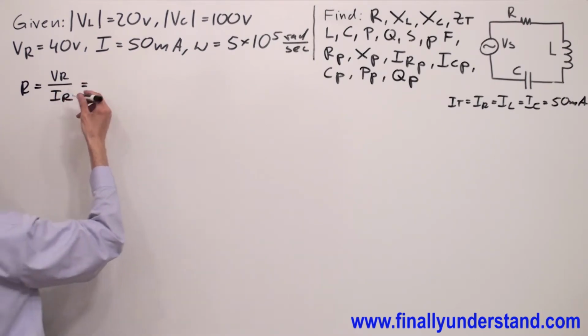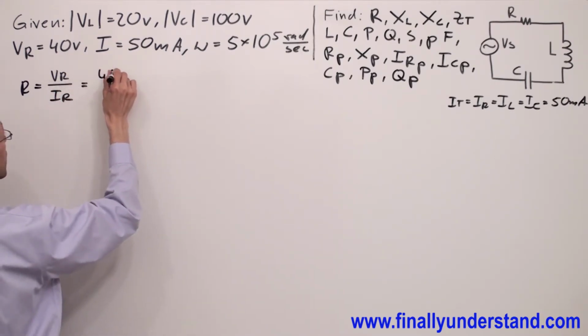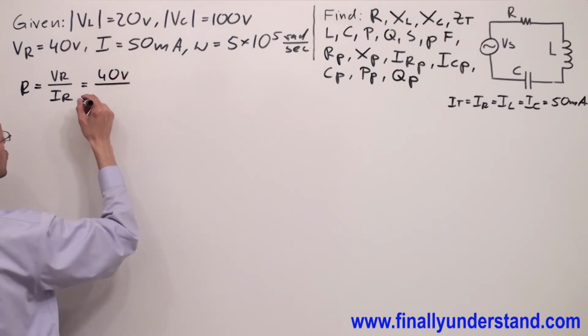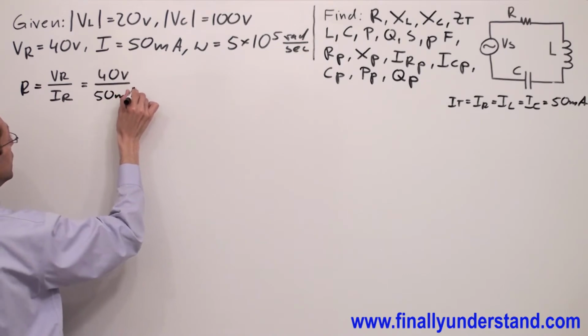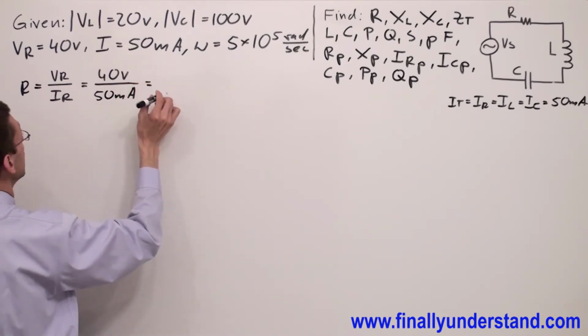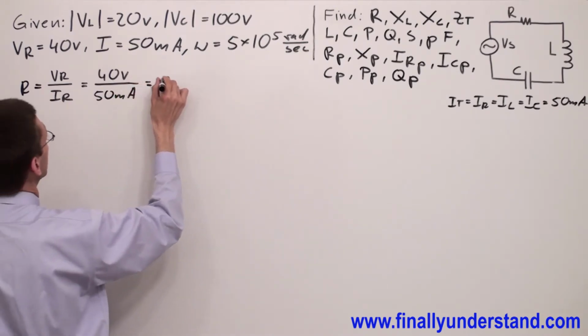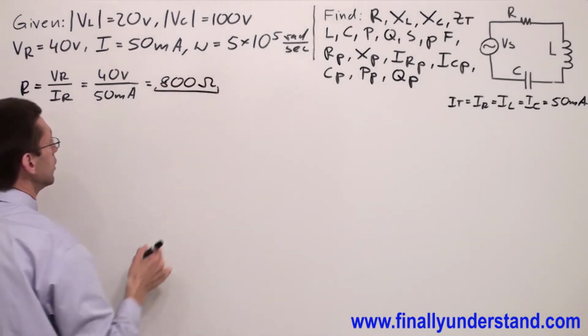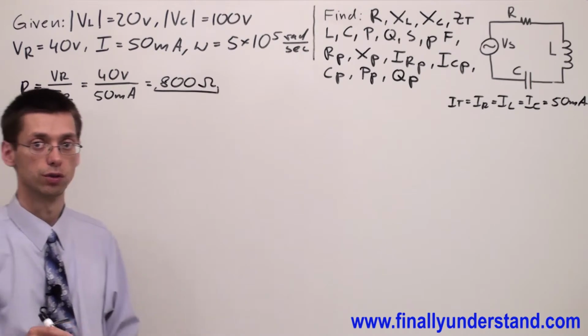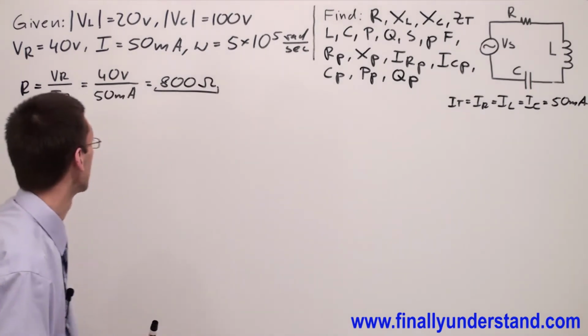So the voltage across the resistor is equal to 40 volts, and the current which goes through the resistor we said is equal to 50 milliamps. This is equal to 800 ohms. Okay, so this is the value of the resistor in my series circuit.